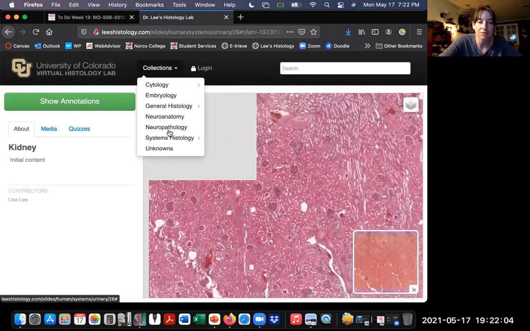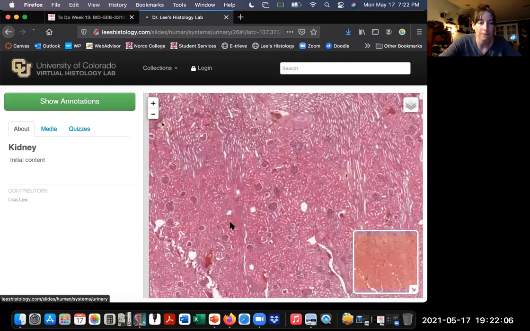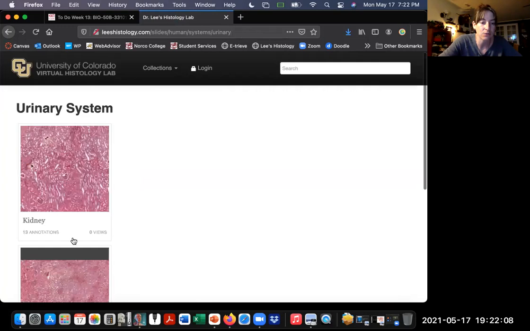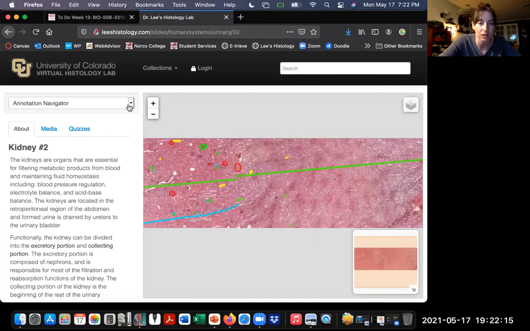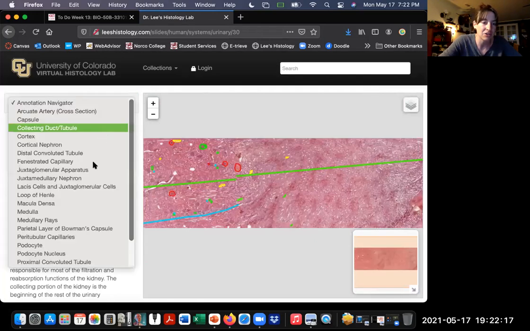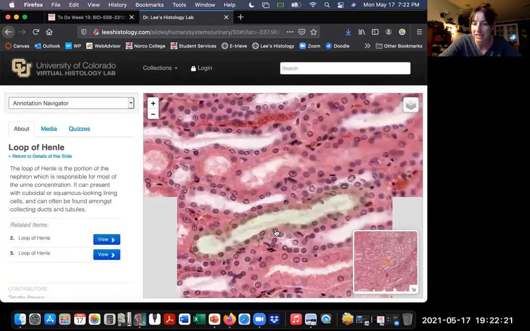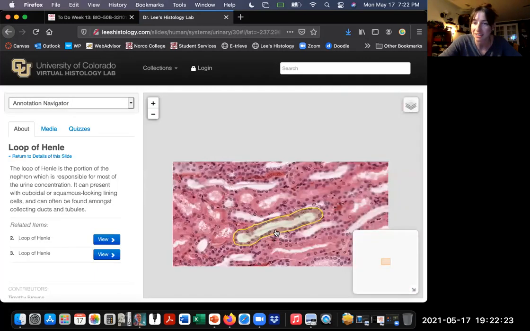We have a couple of other slides too, if you want to explore that. Don't forget that you can also see the annotations on these, so you can find a particular part. This apparently is a section of the loop of Henle.